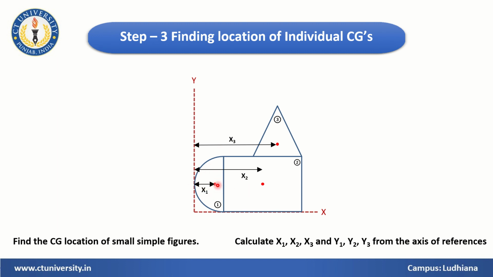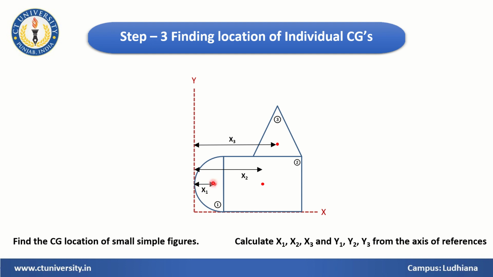We just need the dimensions and play with these dimensions, and we can easily find the value of x1. For example, we know that this point is 4r upon 3 pi from here to the baseline. This is the baseline, and the distance from this point is 4r upon 3 pi, right? We know this distance, but we need to find x1.